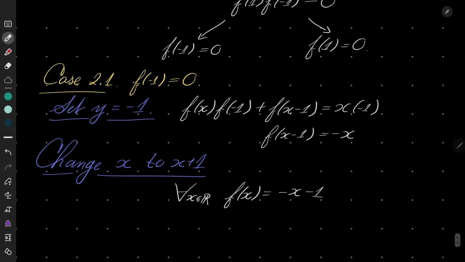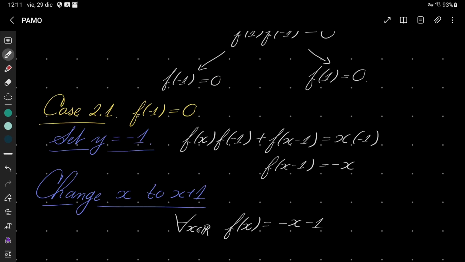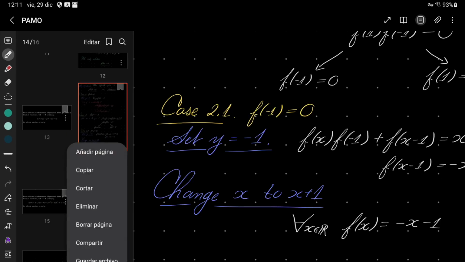But now we must verify this result, and I am running out of space, so I will add one page.